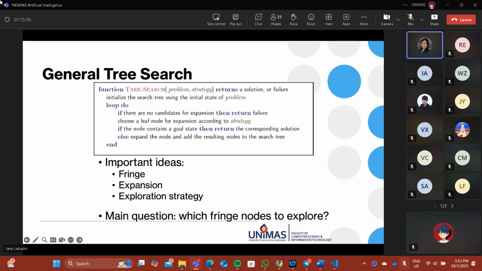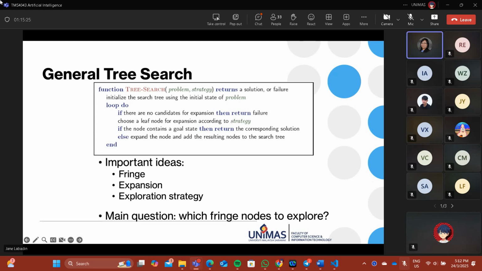If the node contains a goal state, then return the corresponding solution, because when you reach the goal state, your solution would be the path that you follow, each state that you have been through.